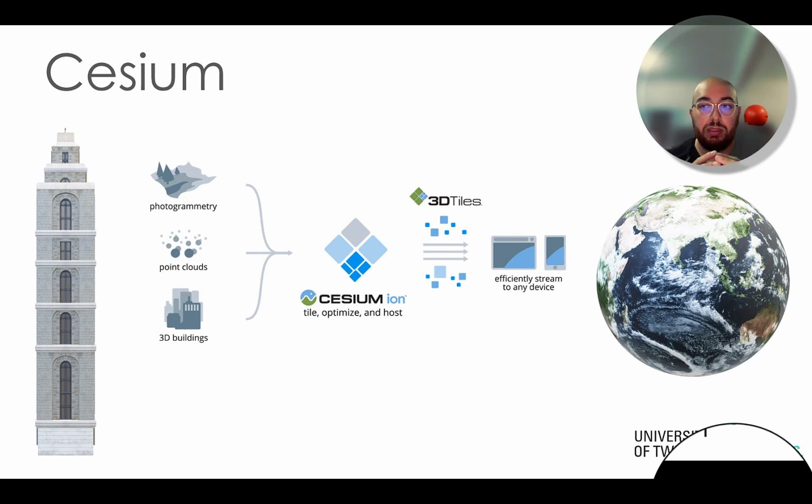So Cesium is kind of the leader that has taken this role of how to operate 3D information in different platforms like Unity or Unreal, and even ArcGIS has its own SDK where you can incorporate Cesium into your programming. So I'm going to show you from a 3D object how you can incorporate it into Cesium, and how you can visualize it online.